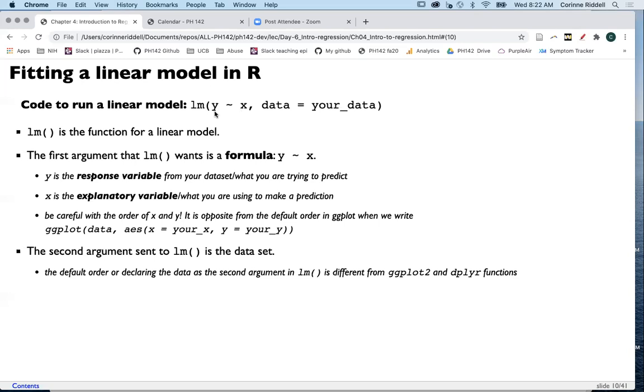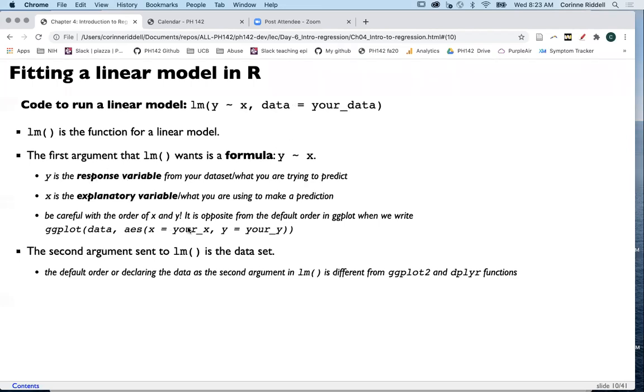In public health, Y is often some sort of health outcome or measure of health, like blood pressure, and X could be some exposure, something about diet or policy, things that people are exposed to in their lifetimes that we think affect their health. So we pass it the names of those variables, then you put a comma and the name of your data frame.